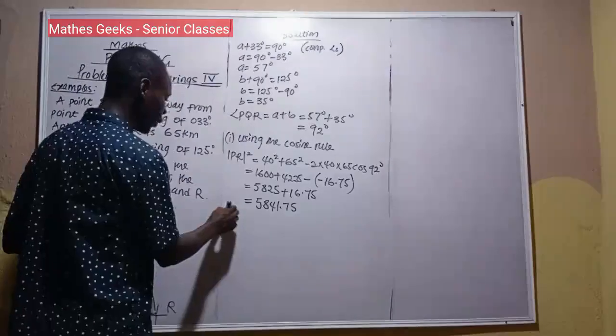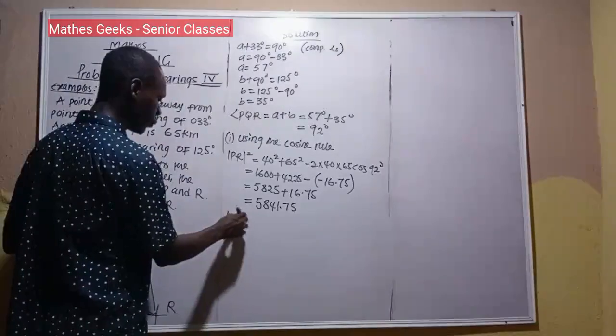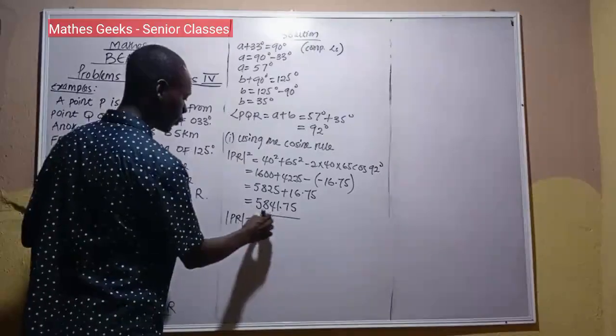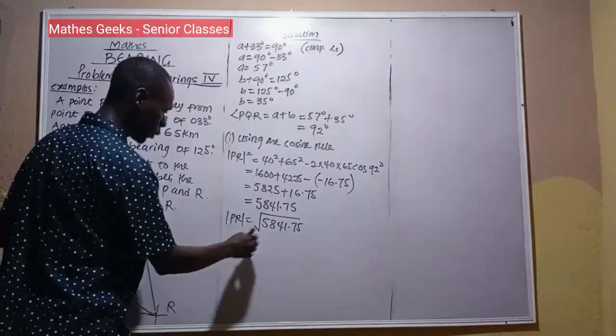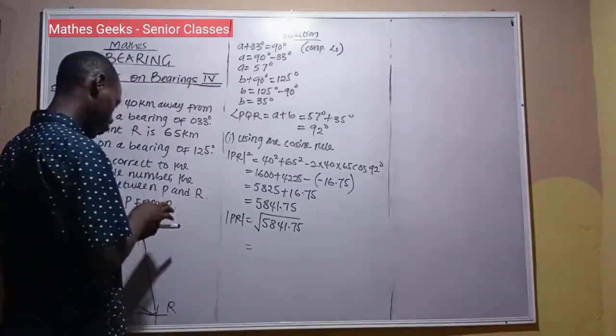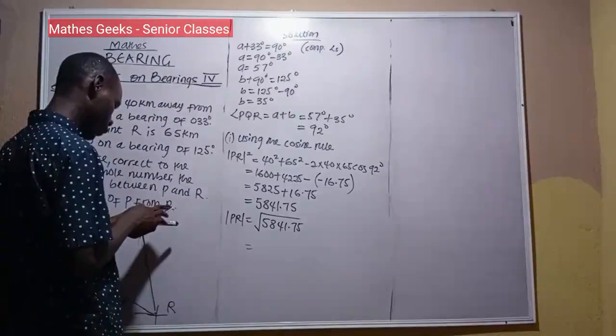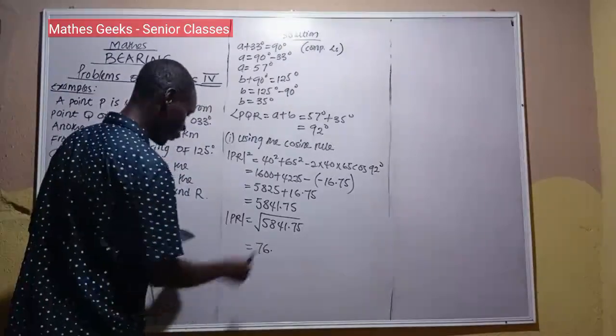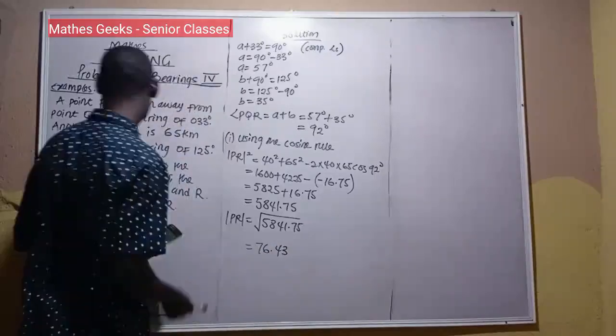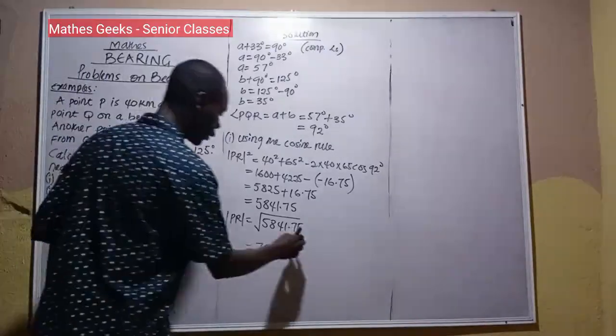5841.75. So line PR is equal to the square root of 5841.75, and this is equal to 76.43 kilometers.